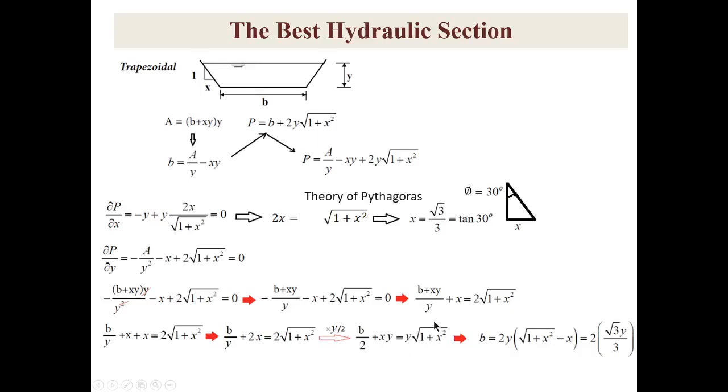Now, from here, I can change the terms in a way that I can calculate b. Therefore, this equation in terms of b equals 2y square root of 1 plus x squared minus x.